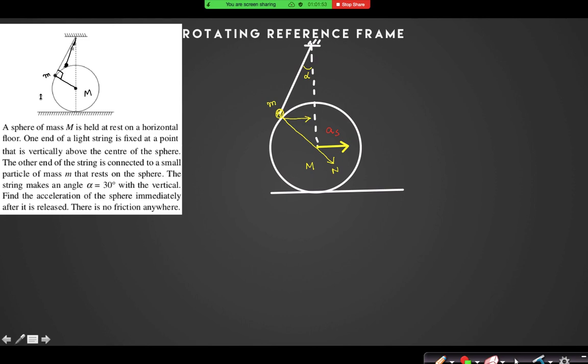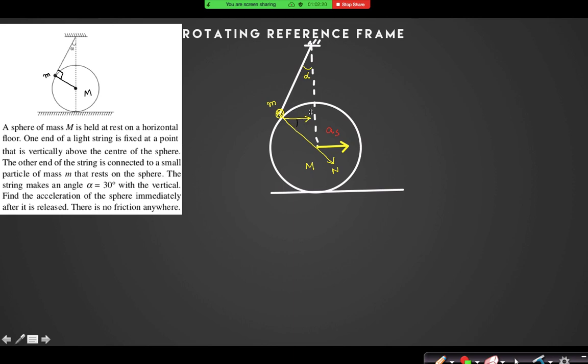Yes, but from the figure we can make out that it is 90 degree, so we have to assume it. From the figure it is understood, but it should be mentioned in your question. I think the question is incomplete. So let us assume it to be 90 degree, right? Then try to solve this question. If it is 90 degree, then what will be this angle?